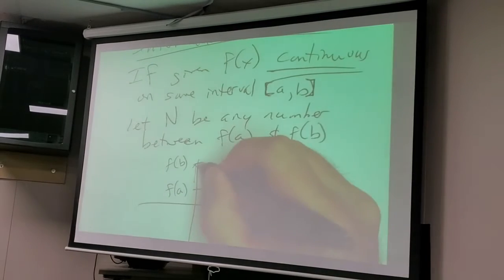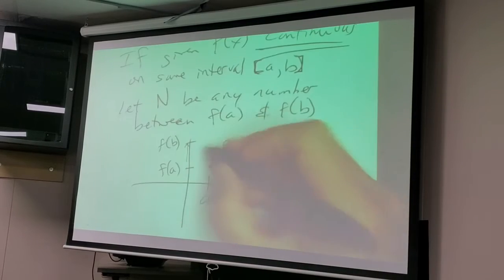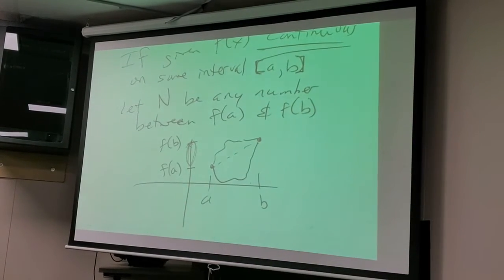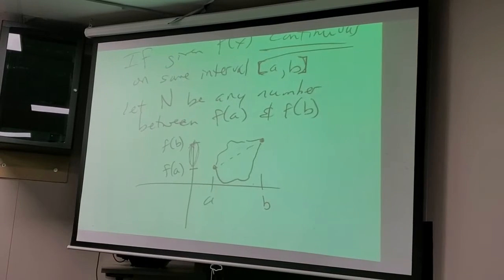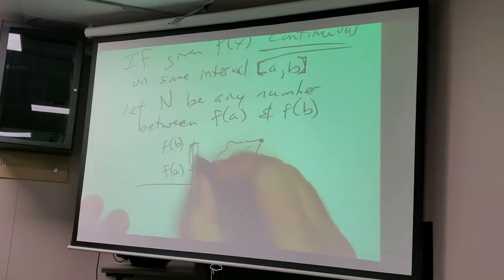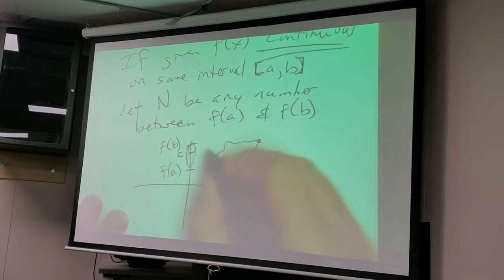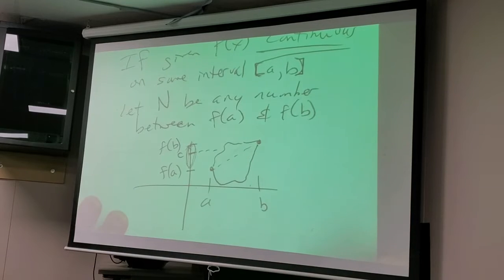So is there any way you could draw that with the restrictions I gave you so that it does not have an output in between f of a and f of b? I really want that to make sense. No matter what way you draw that, is it possible that there's some value in here, let's call it C, that the line would never go through?